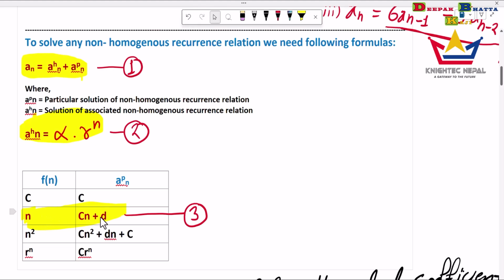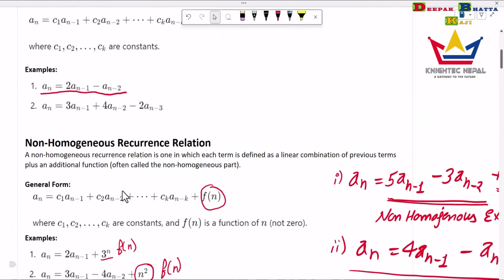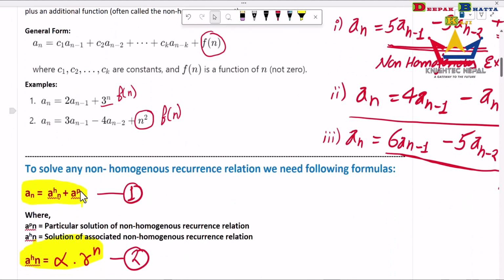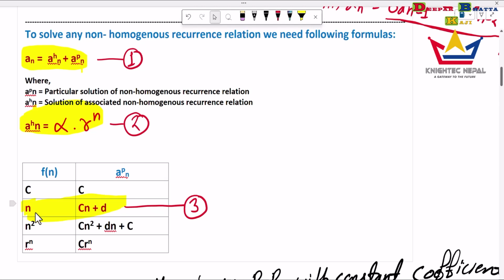Here in the given question we have 2n, so we are writing it for the n part. If the question has n square, put it in this formula. If the given question is a constant, write the constant as well, that is c. So here we have 2n, then we can write cn plus d.